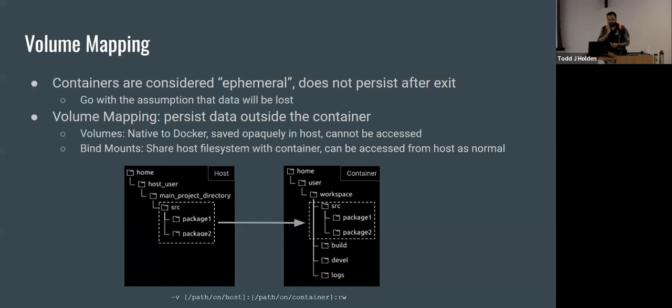Now I run the container, but I have my editor, VS Code for people who use it, running on my host. I am modifying files on my host, but because it's volume mapped, the changes show up inside the container. That makes ROS development really easy.